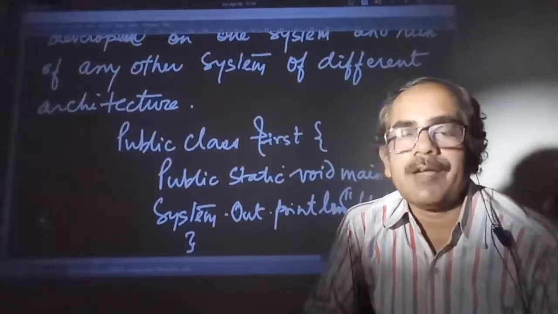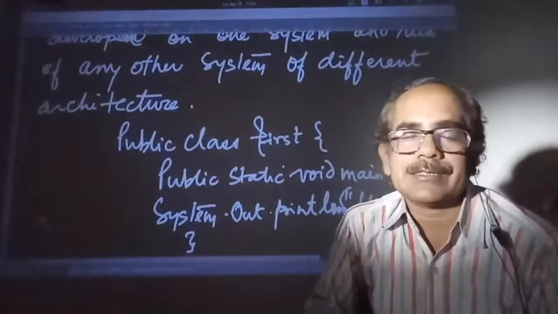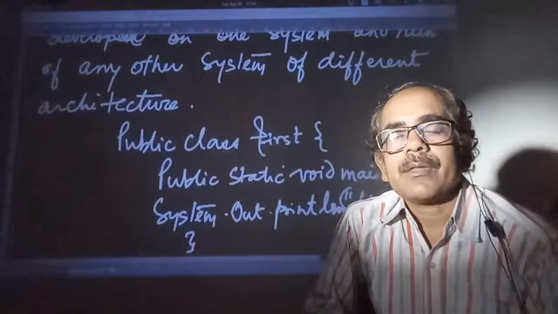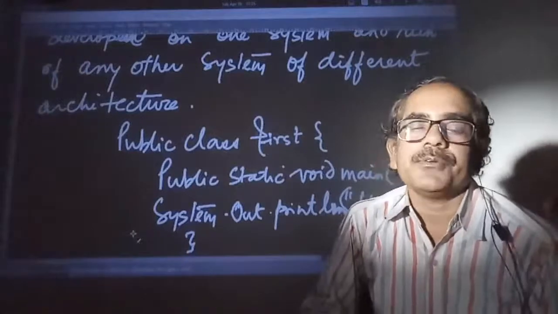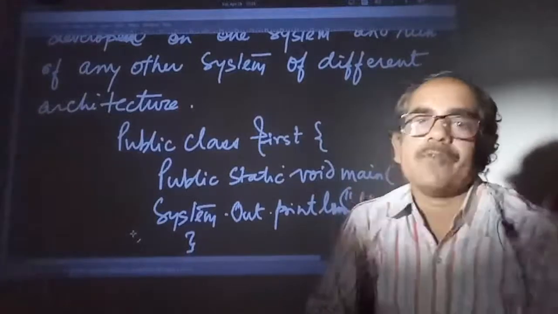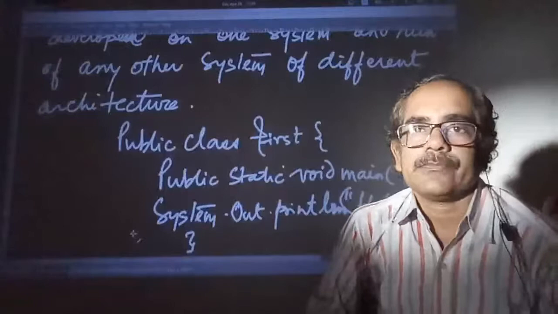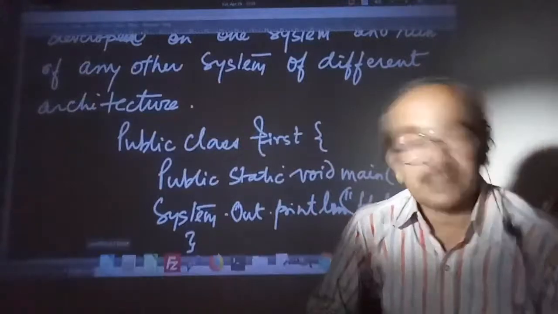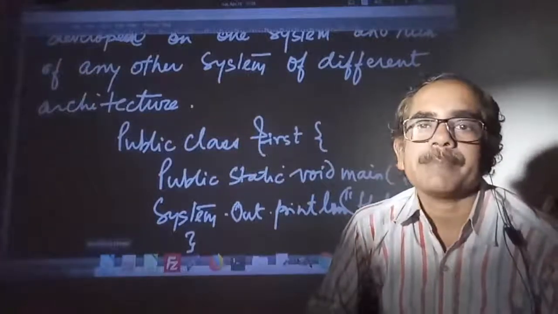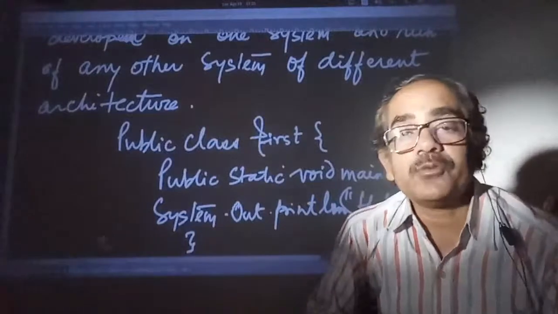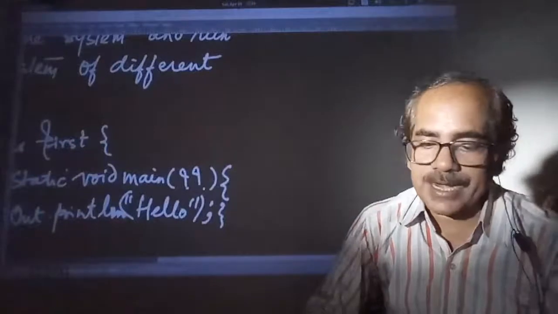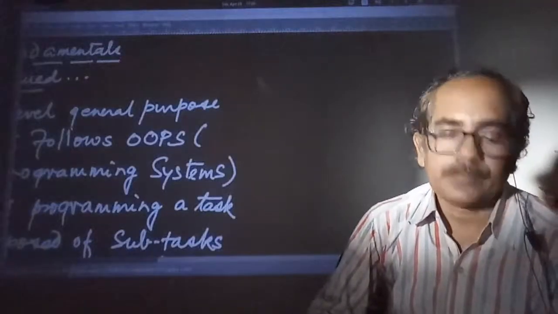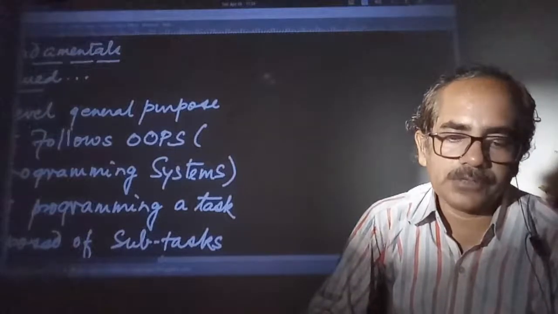Now what Java scientists have done is that, for running a Java program, a virtual environment is created. This virtual environment is also a software. This virtual environment is called JVM.